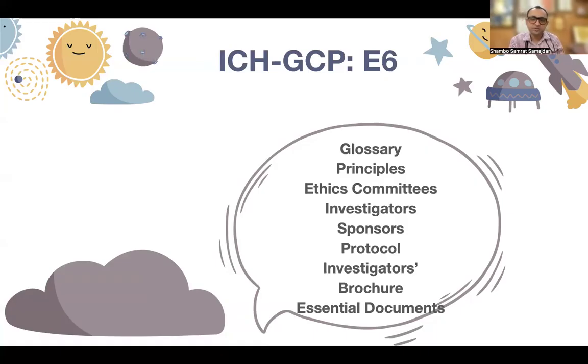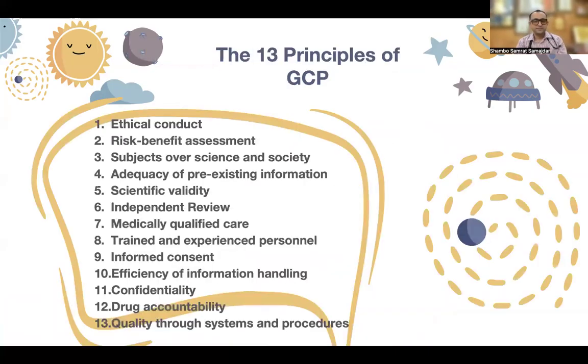ICH GCP starts with the glossary, principles, the roles of the ethics committee, how it should be formulated, the role of investigators, sponsors, how the protocol should be prepared, how the investigator's brochure should be prepared, and what the different essential documents are. I request all of you who are interested, please go through the ICH GCP E6 document. It is easily downloadable, so you will get an idea.